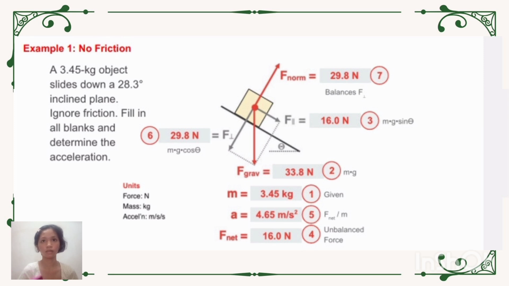So the answer is 28.9. And lastly, since perpendicular balances with our F norm, it is also 28.9. Just remember, whatever answer you have for your F perpendicular is the same as the F norm since they balance each other.